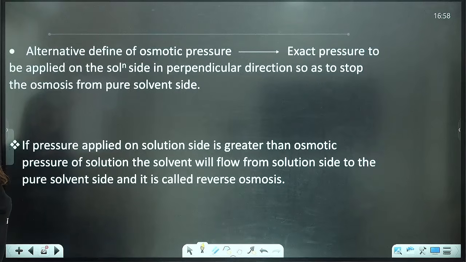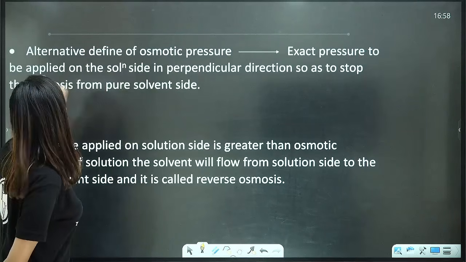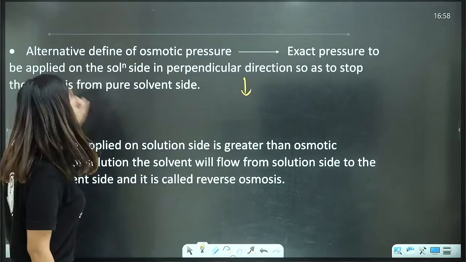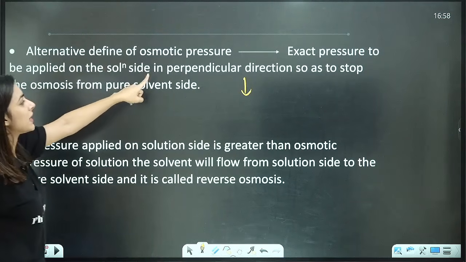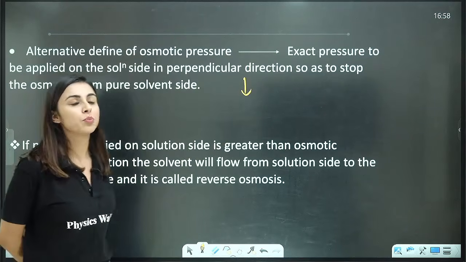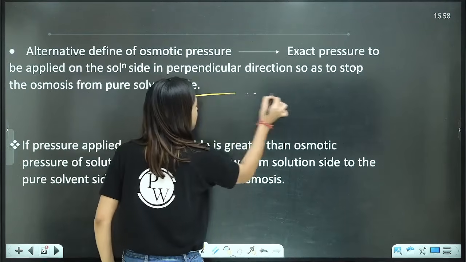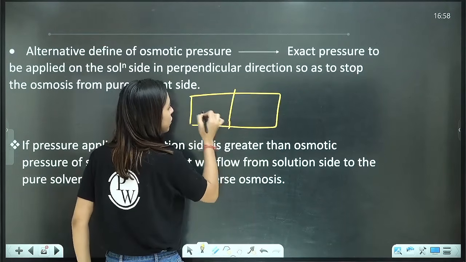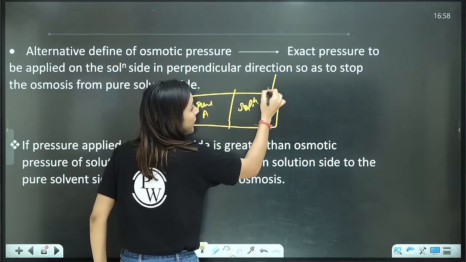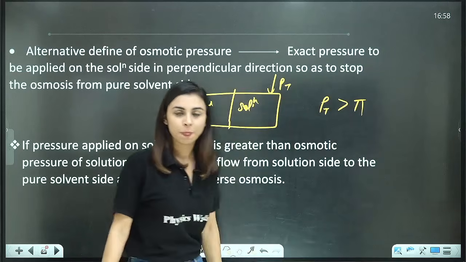Next, an alternative definition of osmotic pressure is the exact pressure to be applied on the solution side in the perpendicular direction so as to stop the osmosis from the pure solvent side. Now, my dear students, if in this container where you have pure solvent and solution, you apply some pressure P which is more than the osmotic pressure, what will happen?